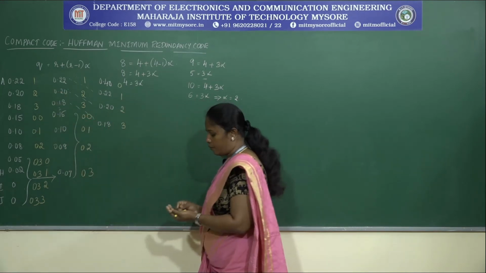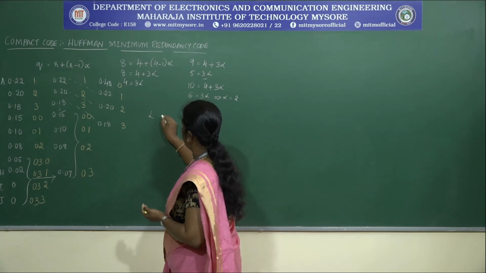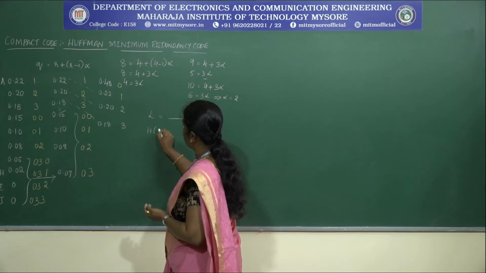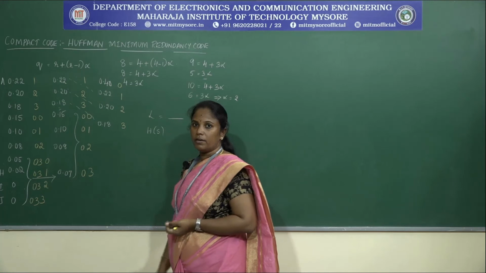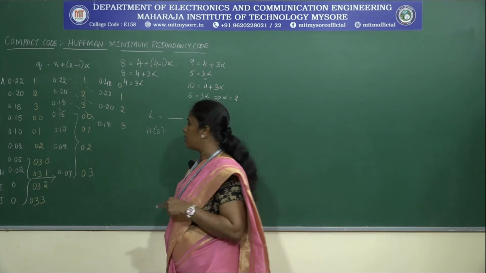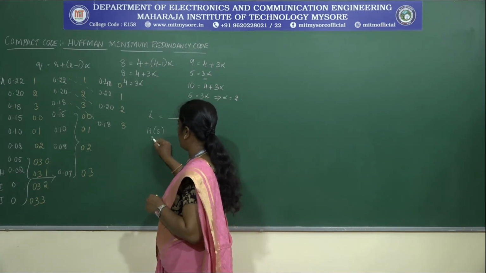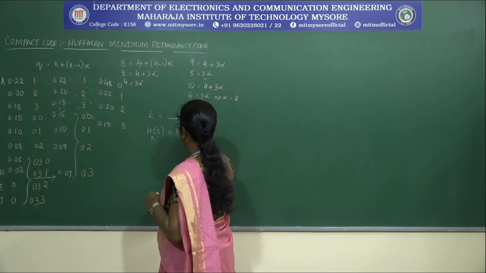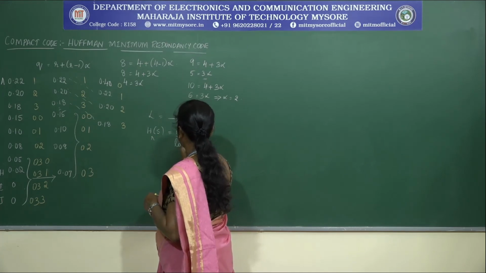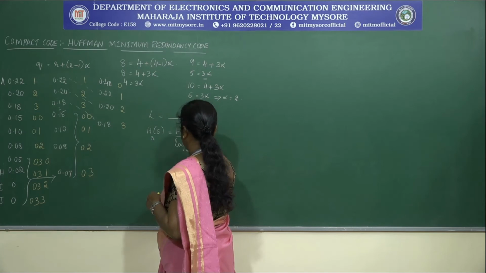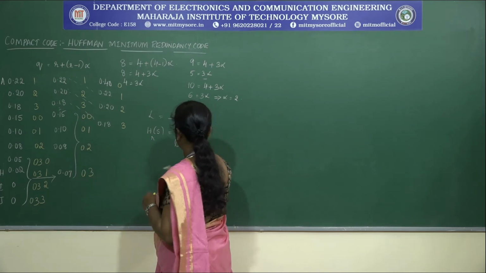So now go for finding what is its L value, then H of S. Remember here, in the case of ternary as well as quaternary, H of S is H_R of S, which is nothing but H of S divided by log base 3.